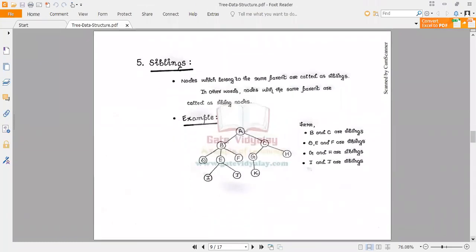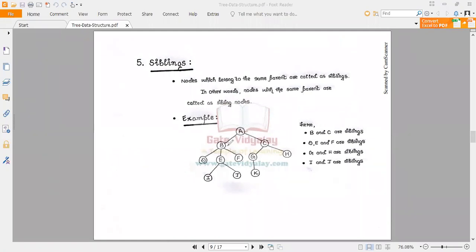Then we have siblings. Now what are siblings? The nodes which belong to the same parent are called siblings. In other words, nodes with the same parent are called siblings.